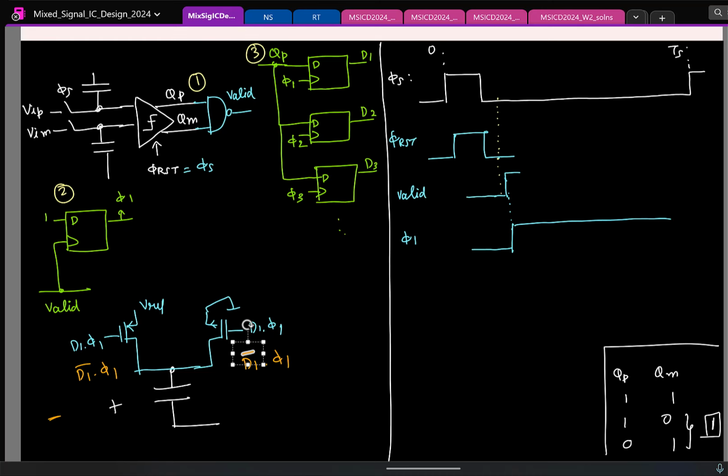So what you can do is the following. You can take this valid signal, delay it by a few buffers, generate a delayed valid signal, and feed that as the reset.